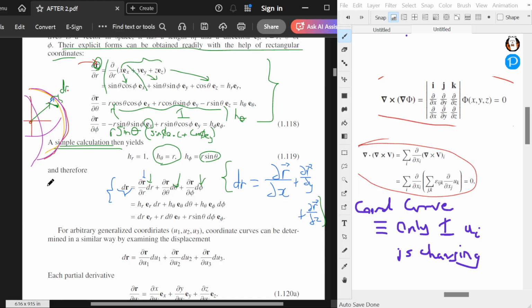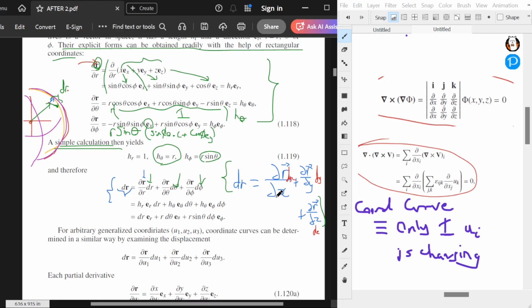Oh yeah, it makes sense. I forgot. You really need these drs and not just dx, dy, dz. Because at the end of the day, the partials are about the change in a particular direction.